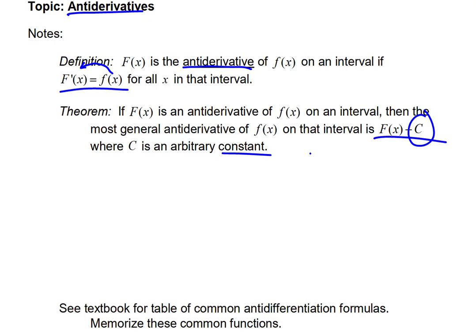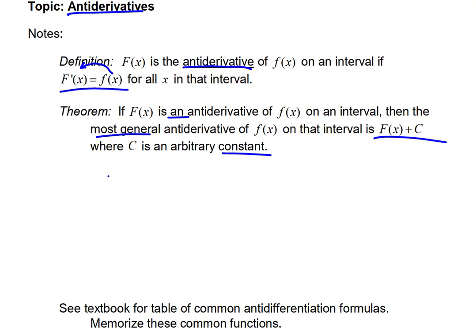Okay, let's explore why this makes sense. First of all, catch some key language here. We said in this theorem, if capital F of x is an antiderivative, implying that maybe there is more than one, and capital F is just one of them. And sure enough, we talk then about the most general antiderivative, meaning there could be many.